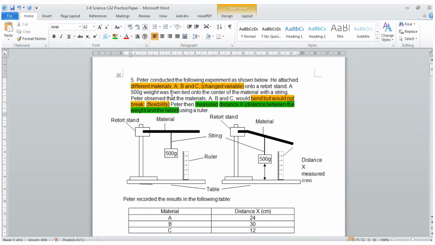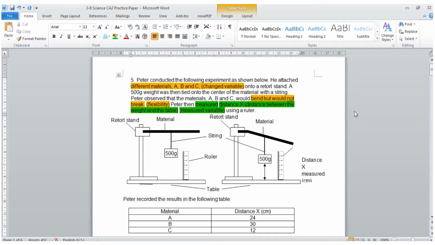So very clearly, we know that this is our measured variable. Excellent. So can you see, just by reading the stem of the question, we can now find out what is the change variable and what is the measured variable. And this would be very, very important in crafting an aim.